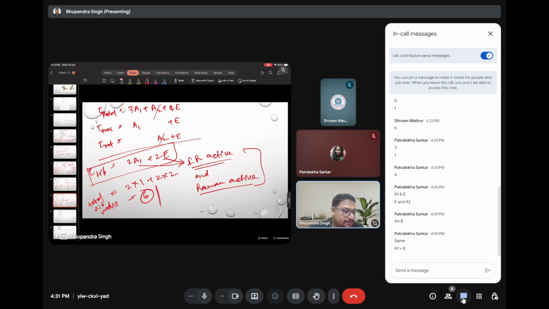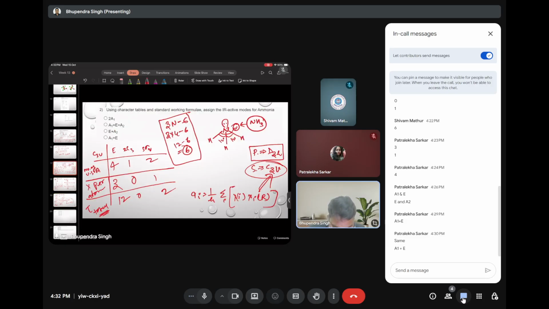So in case of NH3, both vibrational modes A1 and E are Raman as well as IR active. So our option should be D. The question is asking for IR active modes, correct?